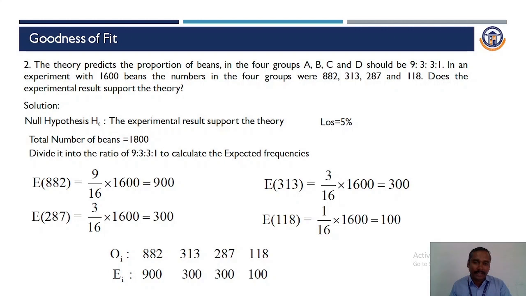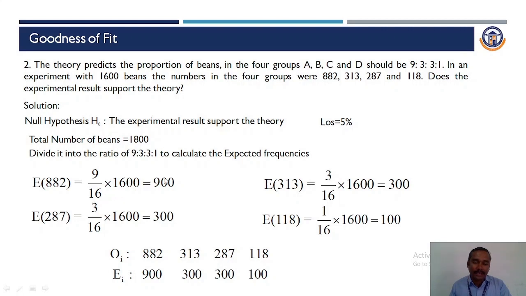For the first category, the expected frequency is 900. First add all the ratio values 9 plus 3 plus 3 plus 1, which is equal to 16.